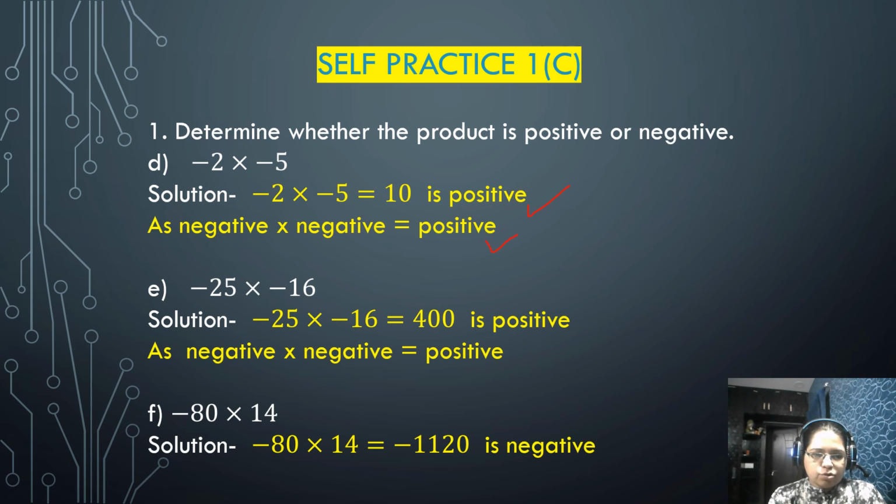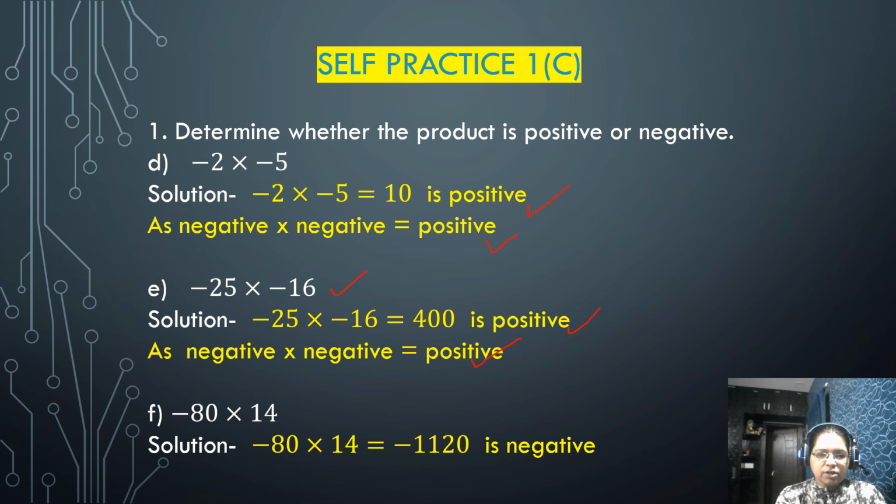E, minus 25 multiplied by minus 16. First we multiply the integers without sign. 25 multiplied by 16 is 400. Minus multiplied with minus, we get plus. So we get 400 and 400 is positive.